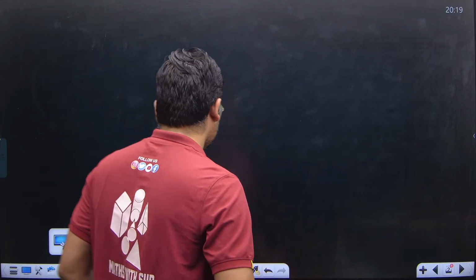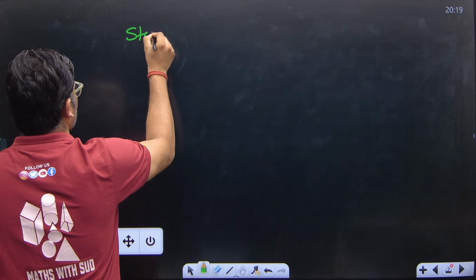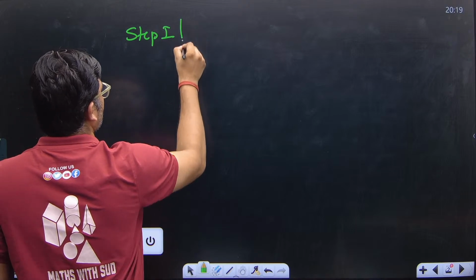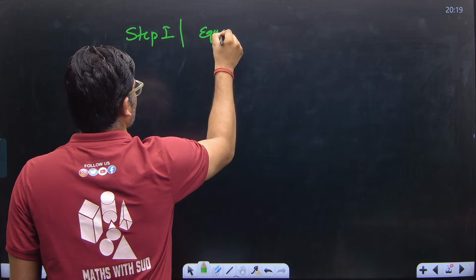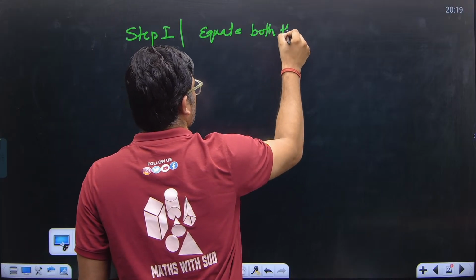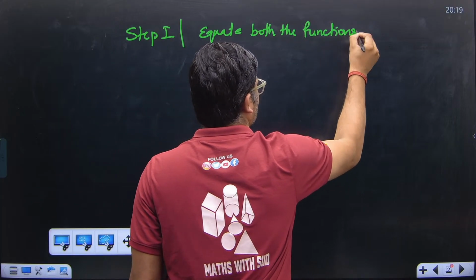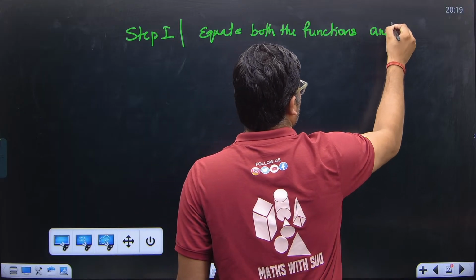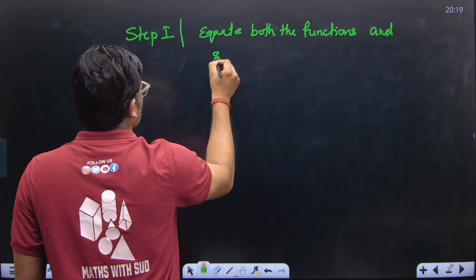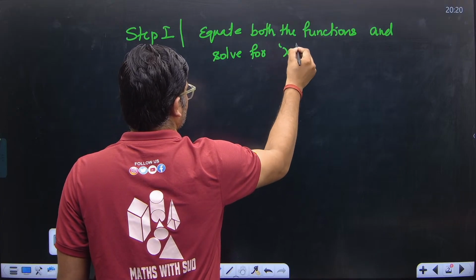Let me write the steps. Step 1: equate both the functions and solve for x. Understood?